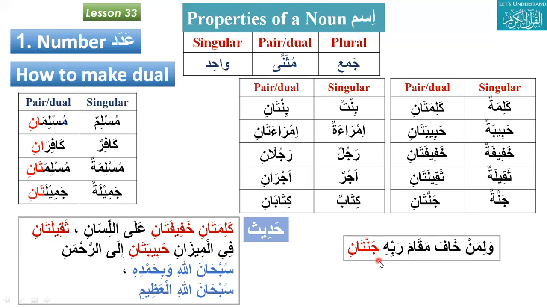Literally it is this, but the implied meaning is that whoever fears standing for accountability before his Lord, and what is the reward for those? Two gardens. Jazakallah khair, Farhan bhai.